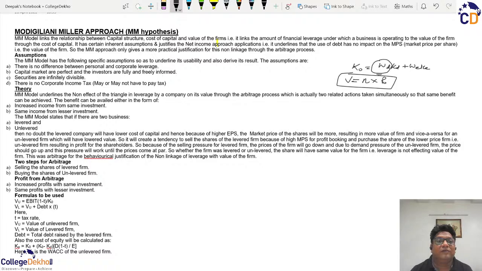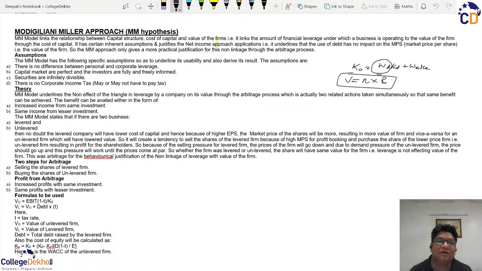We have already stated that some thinkers believe that this capital structure decision, this leverage, may affect the KO, but it does not affect the overall value of the firm, and we use this concept of NOI approach. And in that earlier session, we stressed that the capital structure, that is the leverage, will affect the KO.